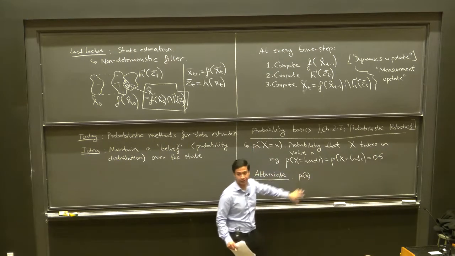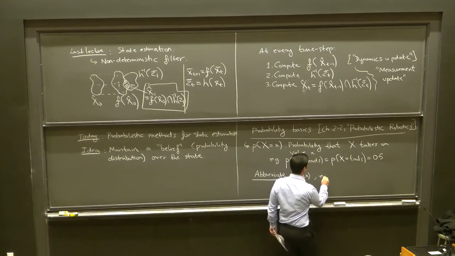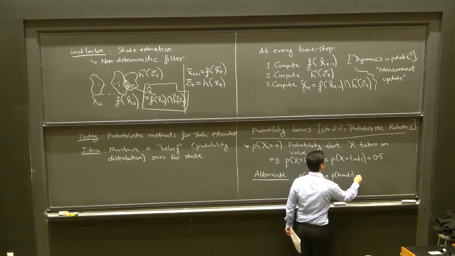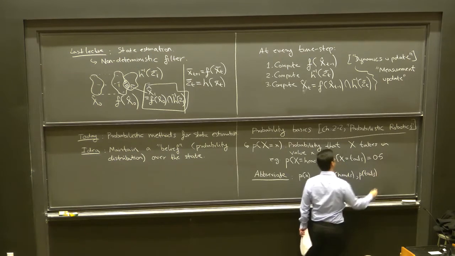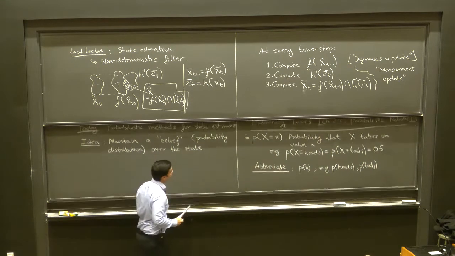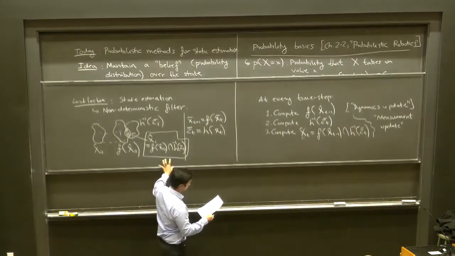So we'll typically use just this abbreviated notation. So we'll write probability of heads, or probability of tails, without explicitly writing the random variable. Okay, so that's the most basic piece of notation.